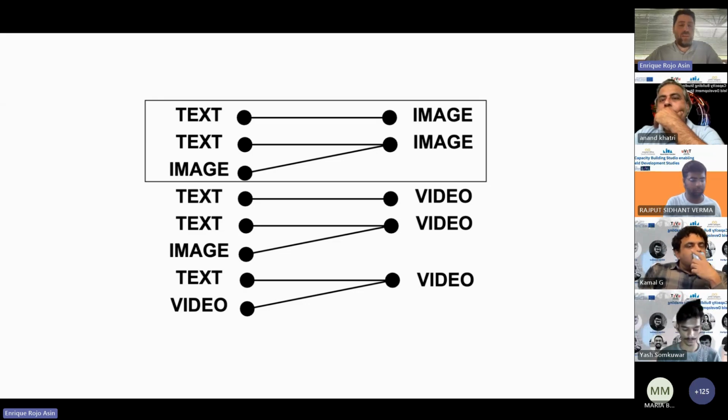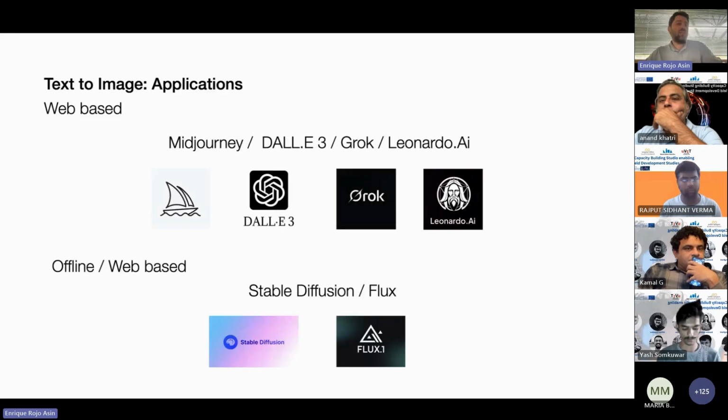But still, I will show you how text to image works and some of the applications that I know Fernando showed you before, such as Midjourney, DALL-E, Leonardo, and the offline or web-based Stable Diffusion.